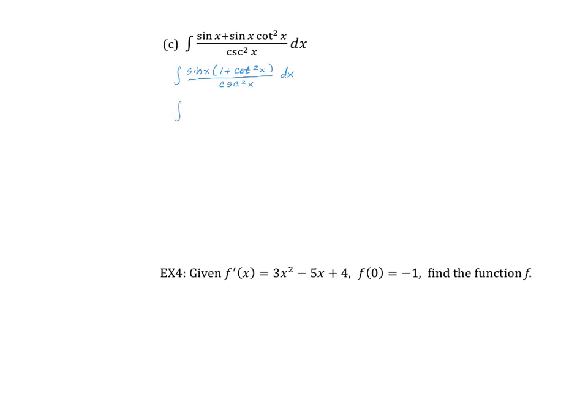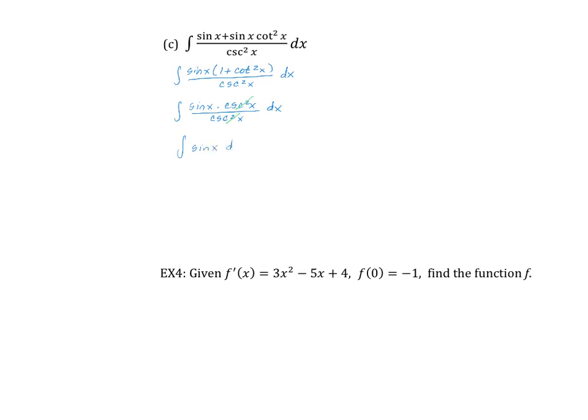So this becomes the integral of sine of x times cosecant squared of x over cosecant squared x dx, which is super nice because now the cosecant squareds will cancel. And I know what the integral of sine of x is.